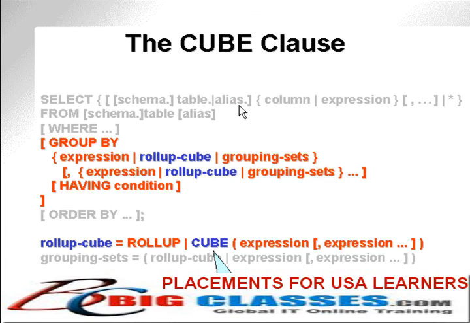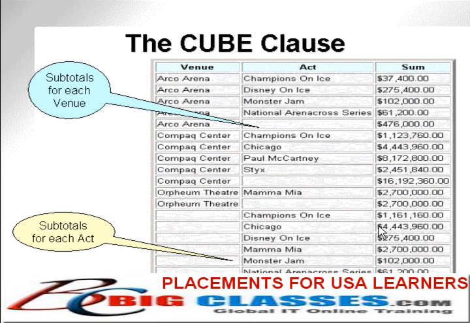The cube clause. Once again, we see that the cube clause creates 3D or 3-dimensional cross-tabulation reports. What is a 3D cross-tabulation report? The easiest way is to demonstrate. Here is a 3D cross-tabulation report using the same query as we used with the roll-up, with the venues and the acts.